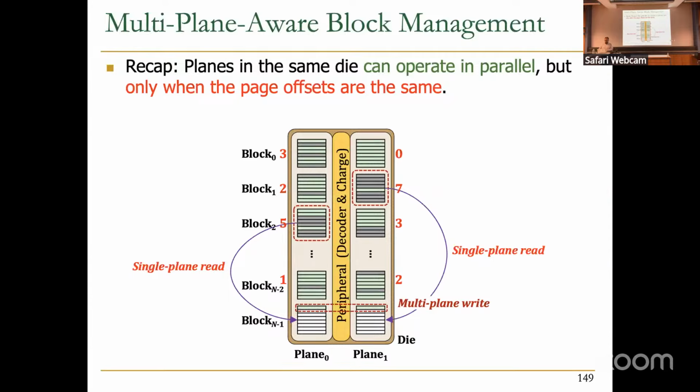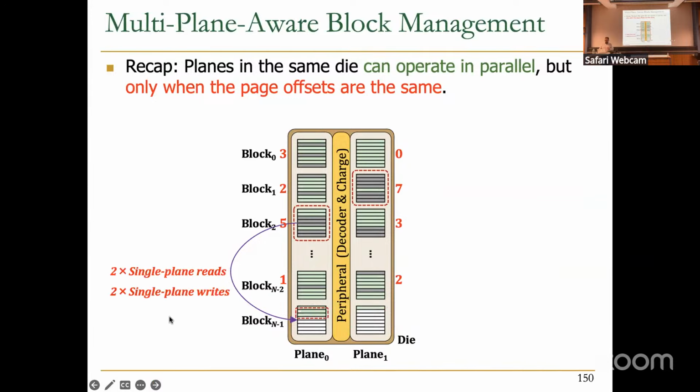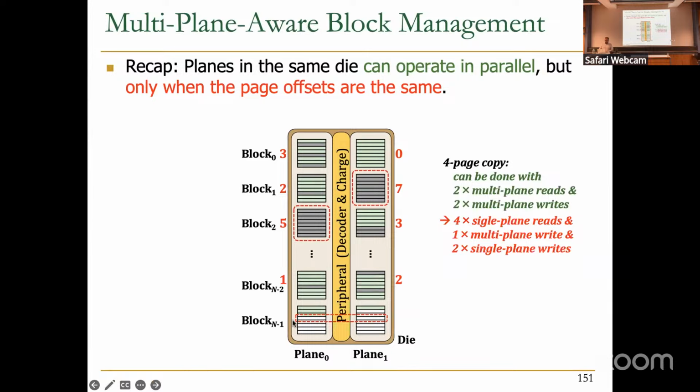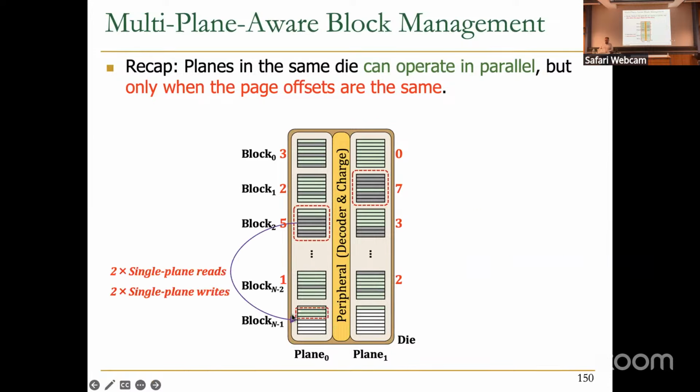I'm not going into detail of these operations. Most of them are going to be single plane reads because they are not aligned, right? So you need to do several single plane reads from this and that, and then you write them to the other plane, to block n-1.